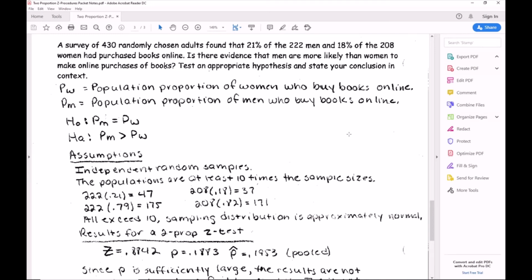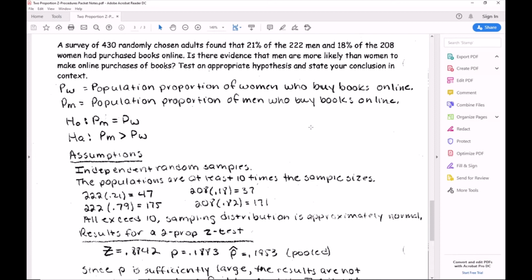Now, if you think real hard, there's something missing there, and that something is they gave you no alpha value. So they didn't give you a cut point to figure out when I should reject or when I shouldn't. Well, that makes people uncomfortable when they first start doing this. So if you don't like that, pick 0.05. Alpha's 0.05. You're entitled to do it. You're not screwing anything up by doing it.